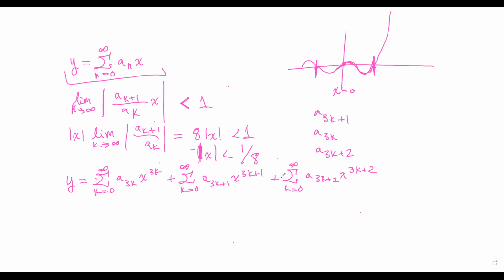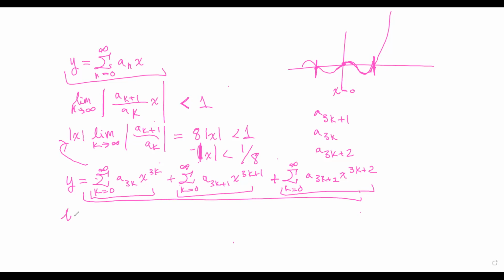so when your solution looks like this, you have to go through it with a little bit more care, right? So you go through this exact same process, but for each of these series individually, right?